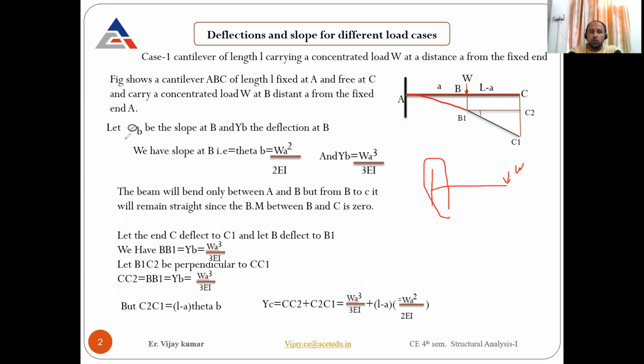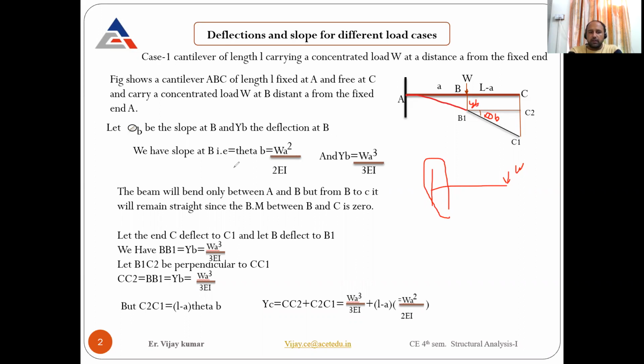Now we need theta B, the slope at B, and YB, the deflection at B. This is theta B, and YB is the vertical deviation. This is your YB, or VB, you can write. So these are the values we have.